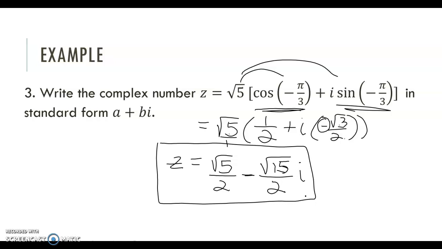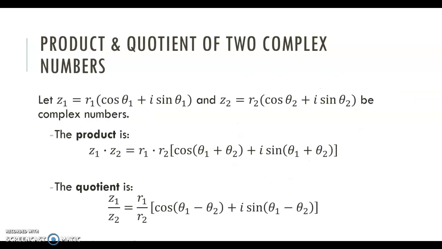Okay? To finish up this lesson, we are going to look at a few operations with these complex numbers in trig form. So last section we looked at adding and subtracting the complex numbers. This section we're going to look at multiplying and dividing them when they are in trig form. In order to multiply, to calculate the product, you'll have two different complex numbers in trig form.